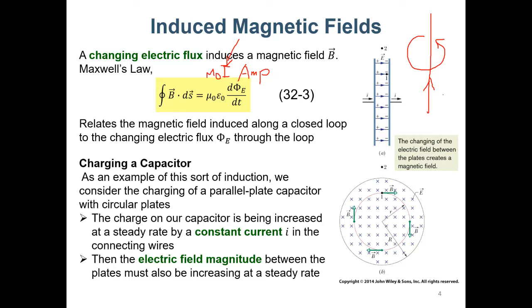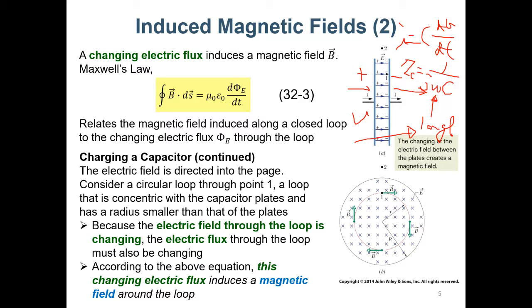If it is an E field changing, or the electric flux changing, then it will also generate the B field rotating around this.